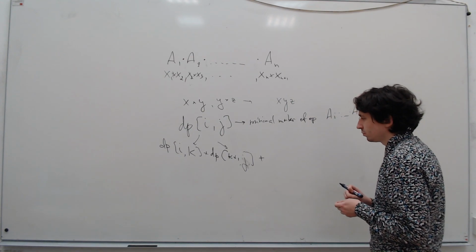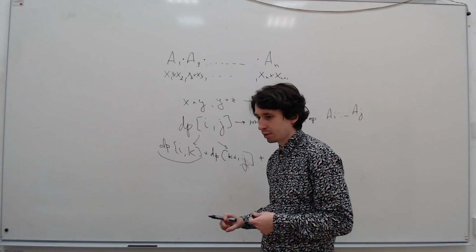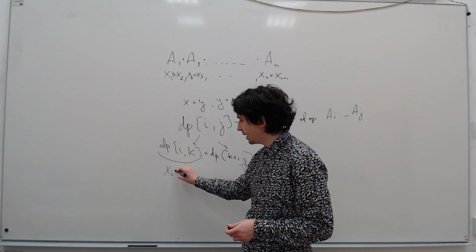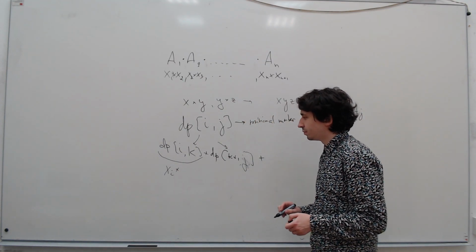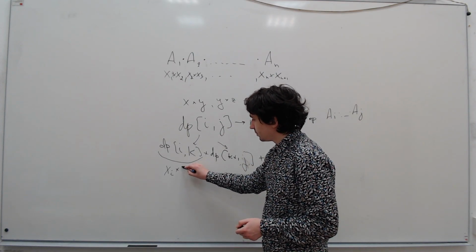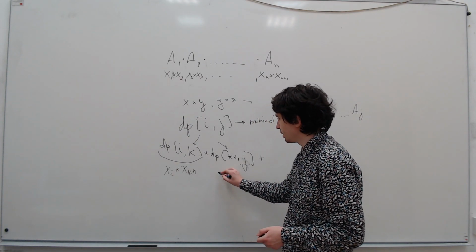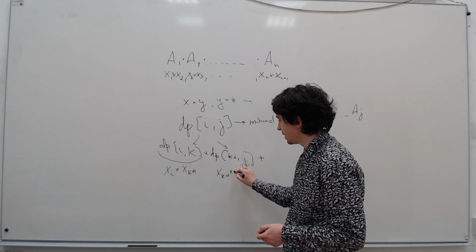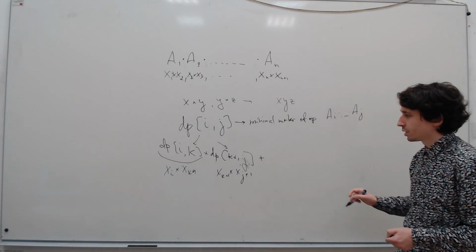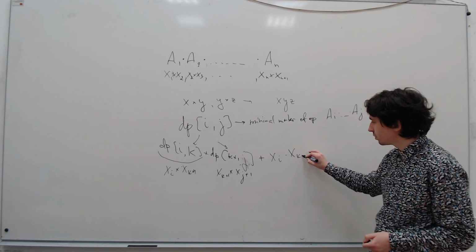So what will be the dimensions of this matrix? i to k will be xi times xk plus 1, and here xk plus 1 times xj plus 1. So you have to add this thing.